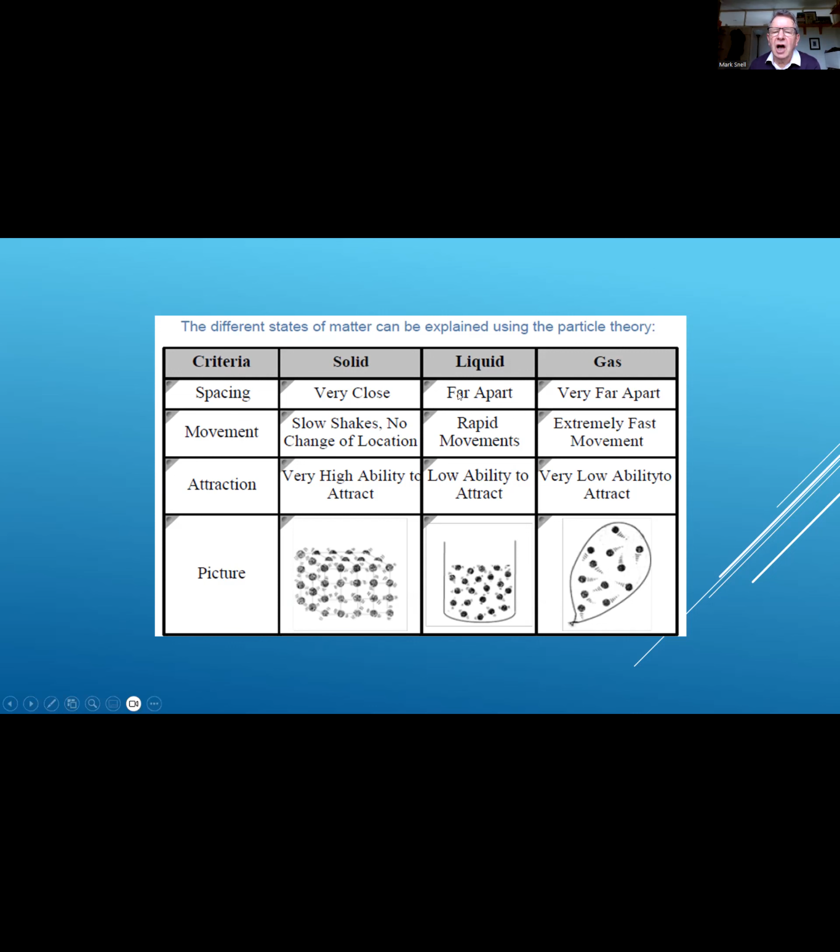Liquid particles are close together. So it's very important that you know that this box here is wrong. They are close together, okay?